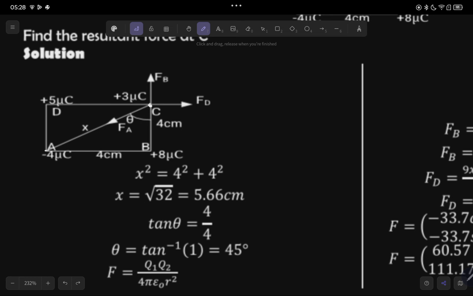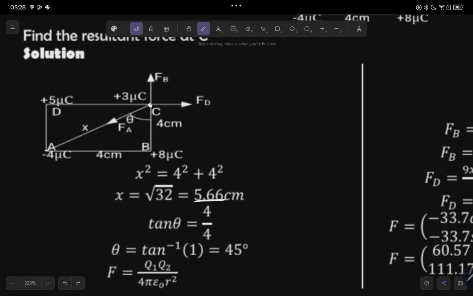You work out the hypotenuse, or the longest side, using Pythagoras theorem, and it proves to be 5.66 centimeters. However, I would encourage that we leave our answers in surd form to avoid errors due to rounding off. You can leave your answer as root 32 centimeters and proceed that way. But the decimal is still okay, or if you choose to use decimals, let them be at least 3 decimal places.